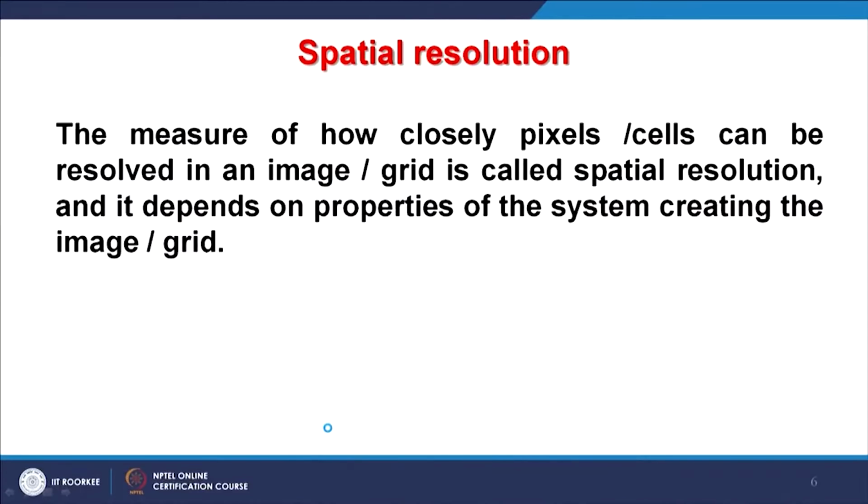In case of a grid, if two cells have a large difference in values, then they will come out very distinctly. Whereas if they have almost similar values, then you won't see them. So resolving will be a different problem there.